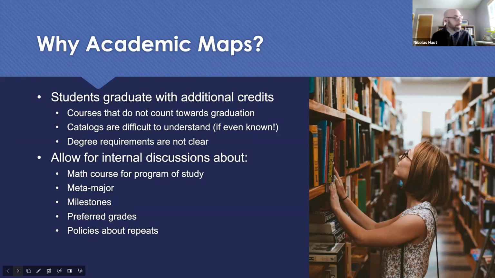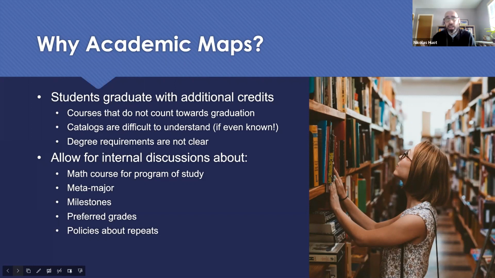So why academic maps? I think it's not just because we need something else to do. If you look at your students, unfortunately a sad trend across the country is that a lot of times students graduate with additional credits, and additional credits mean additional time, which means additional costs, and there are a lot of problems with that.